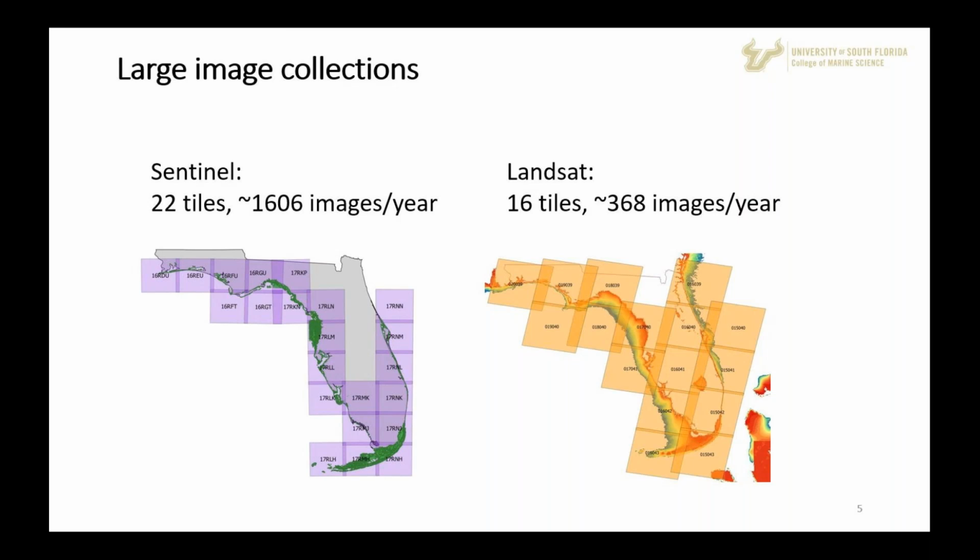So there is about 1,600 images for Sentinel and 368 for Landsat. However, not all of the images are useful for seagrass mapping. We want to select images with good visibility in atmosphere and water. So how can we detect that?